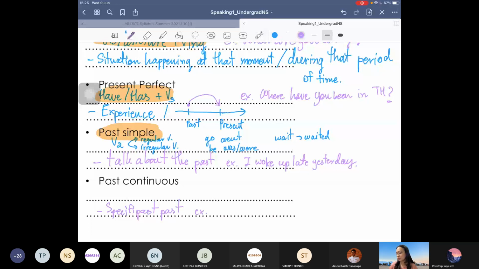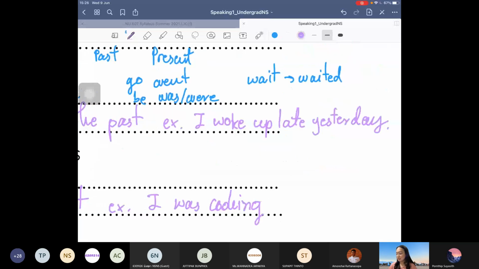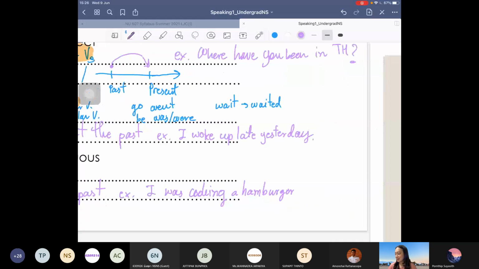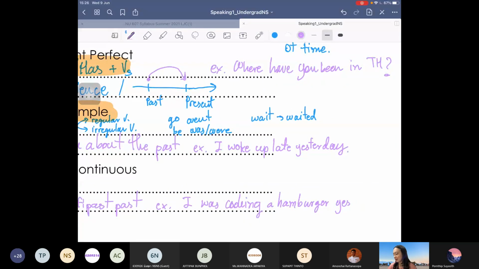For example, I was cooking ทำอะไรดีอ่ะ คิดอะไรไม่ออก ก็แฮมเบอร์เกอร์ไปแล้วกัน I was cooking a hamburger yesterday morning.